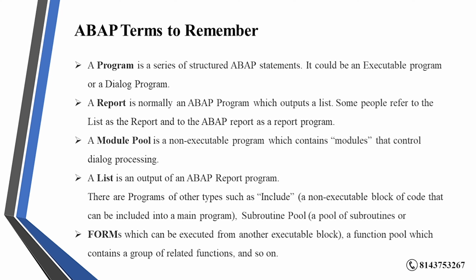What are forms? Forms here mean printouts, whatever you want to take as printouts, Adobe Forms, document format. A list will display the data in Excel format like rows and columns. Forms will display in document format.